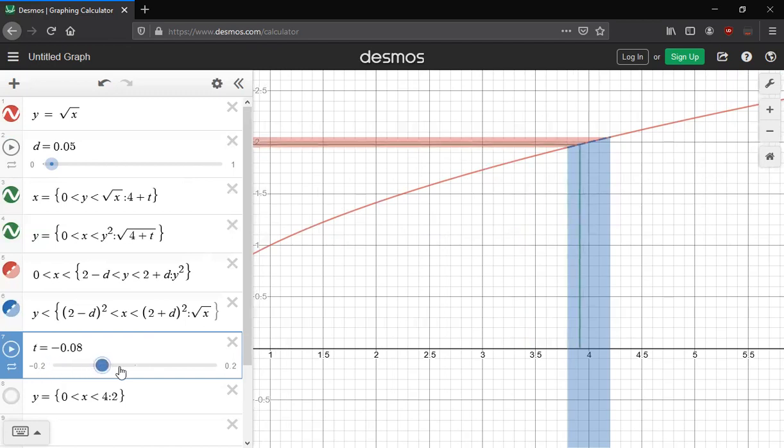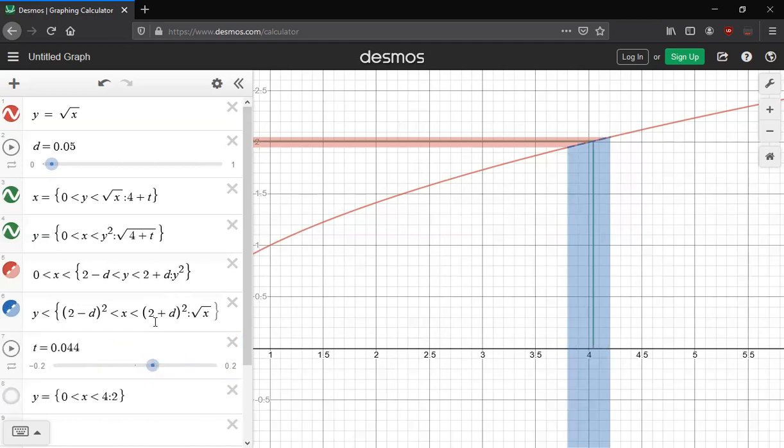Now that's only as far as my x can go. See, it's stopping on the left, it's stopping on the right. As long as x stays inside that blue window, which is where I can control the x variable to be, my y variable stays inside of the red window, which is where I want my y variable to be.